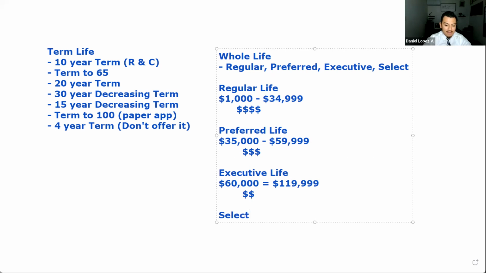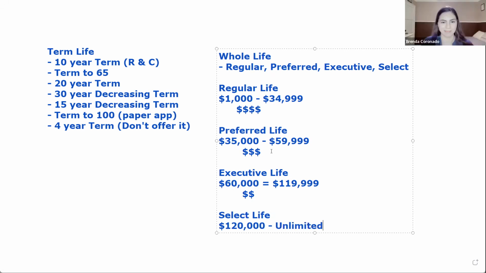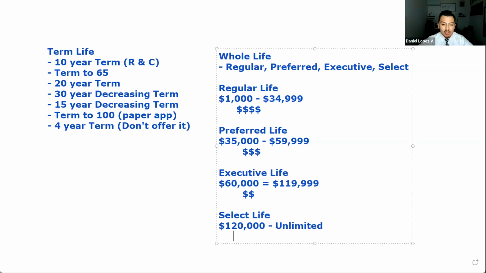And then lastly, you have the select life, which is anywhere from $120,000 till infinity and beyond. Okay. So it's unlimited. And that's when it's the most affordable per thousand unit.